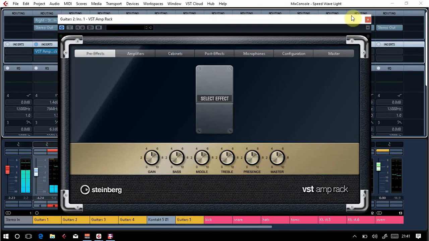We obviously have to do a bit of EQing, because if you're going to have bass guitar, which you probably will in a mix, you don't want the guitar and bass fighting each other. Bass is as important as the guitar in the mix, so we're going to take away a load of the bass. Even when you hear the guitars in isolation, they can sound a bit thin. But once you've got the bass, and I'm going to show you how I record bass as well with a distorted channel, you don't want those signals fighting each other.